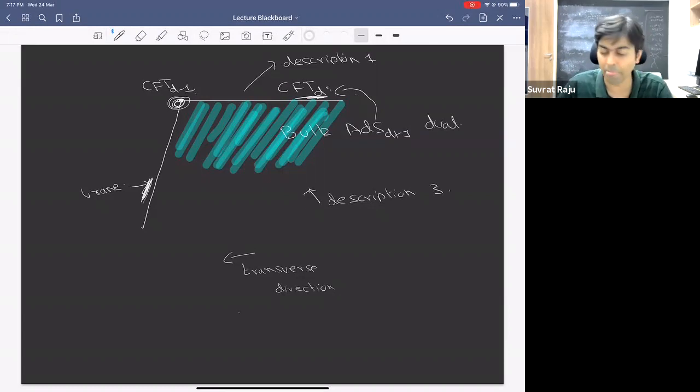But of course, if you were to try and do effective field theory in the bulk, then for the brane you would write down some action, which would just be the induced metric on the brane with some tension. So this is the brane tension, and this comes from the induced metric.